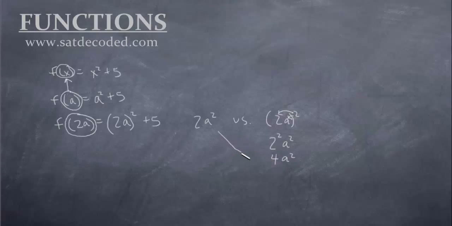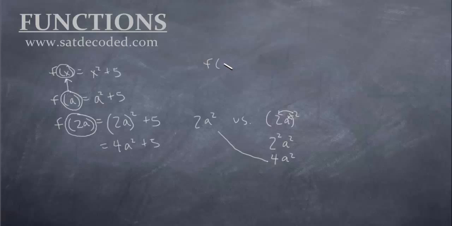And 4a squared is not equal to 2a squared. So we have to be very careful here. This becomes 4a squared plus 5. Just remember to take the entire value inside the parentheses, put that in the new parentheses over here, and then square it.